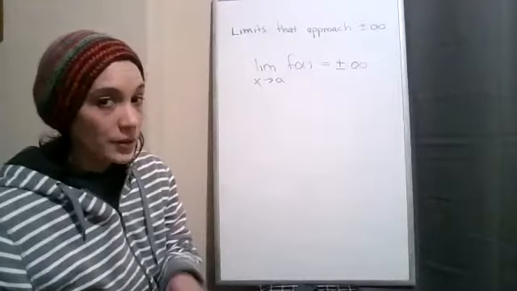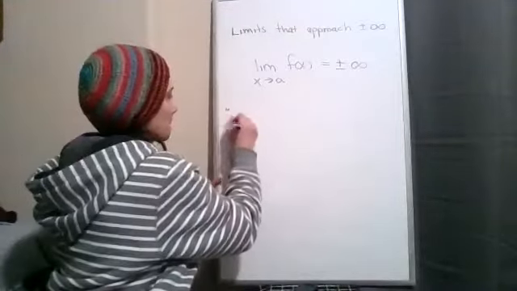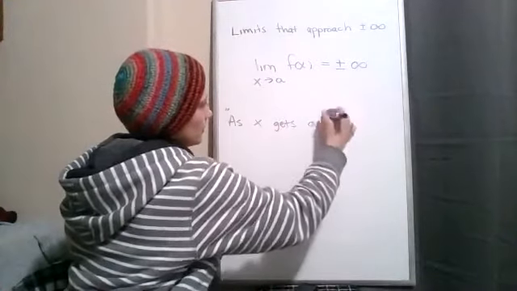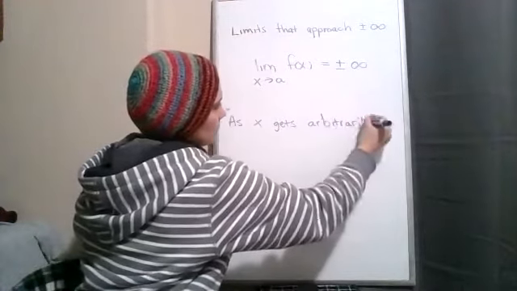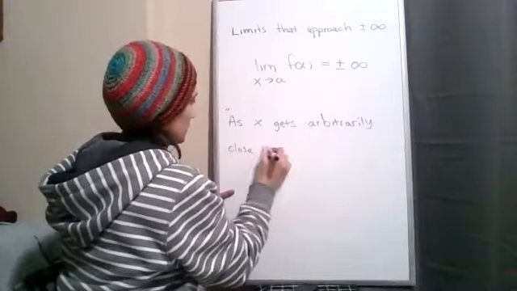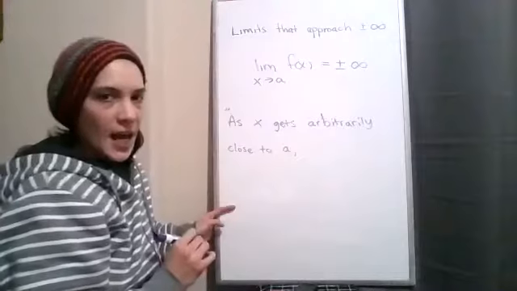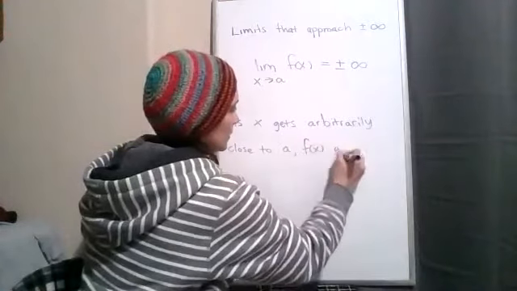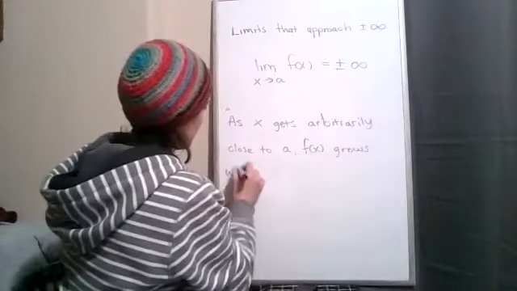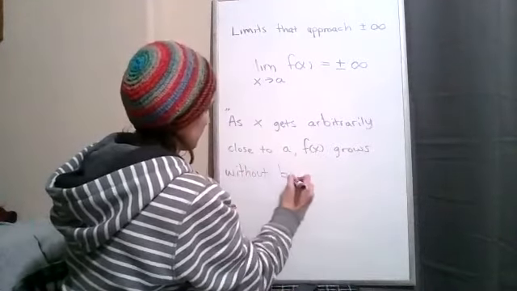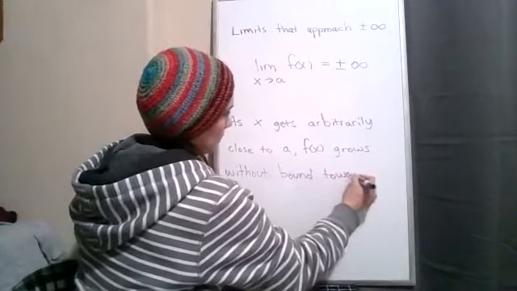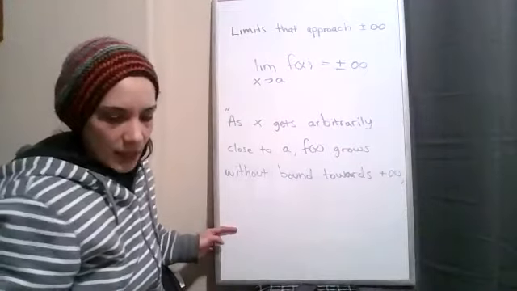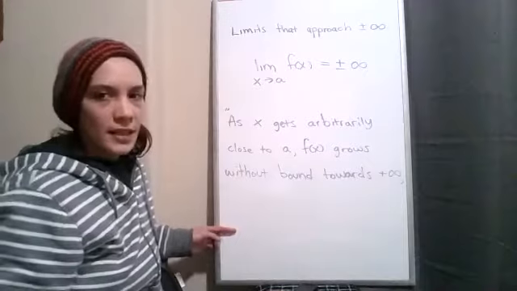As x gets arbitrarily close to a, f of x grows without bound towards positive infinity, or decreases without bound to negative infinity.